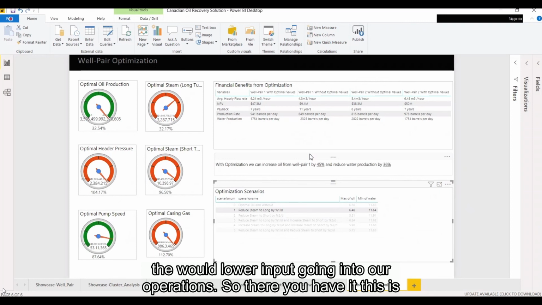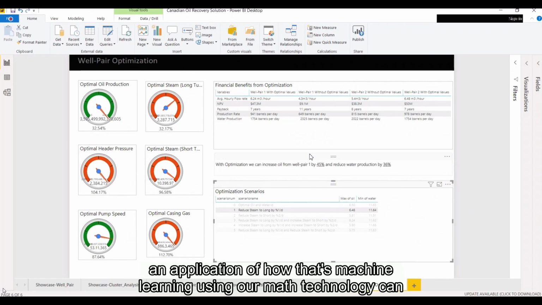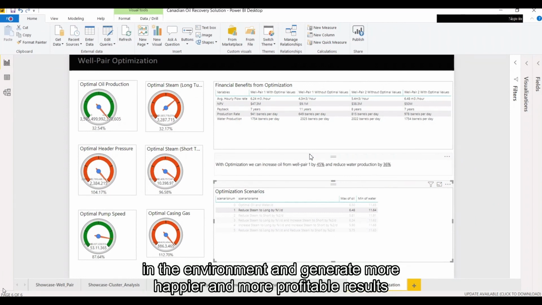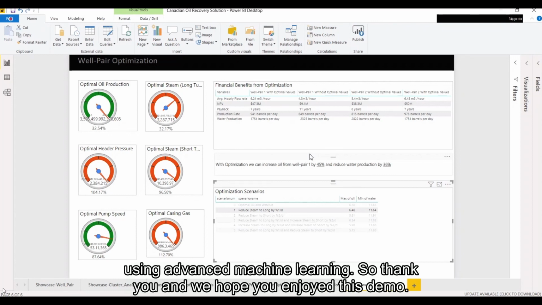So there you have it. This is an application of how advanced machine learning using our MAD technology can really help operators improve their operations by reducing their footprint in the environment and generate healthier and more profitable results using advanced machine learning.